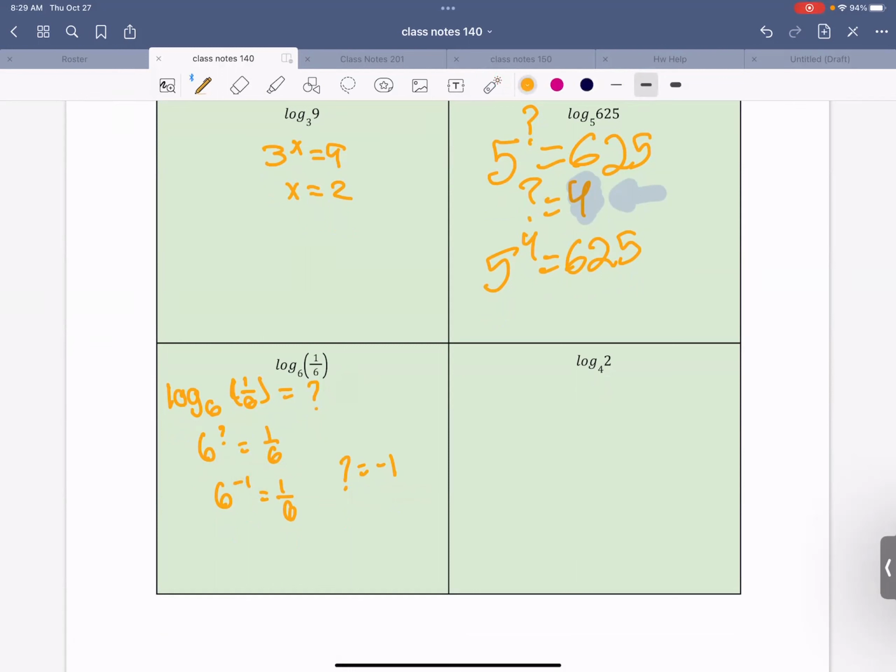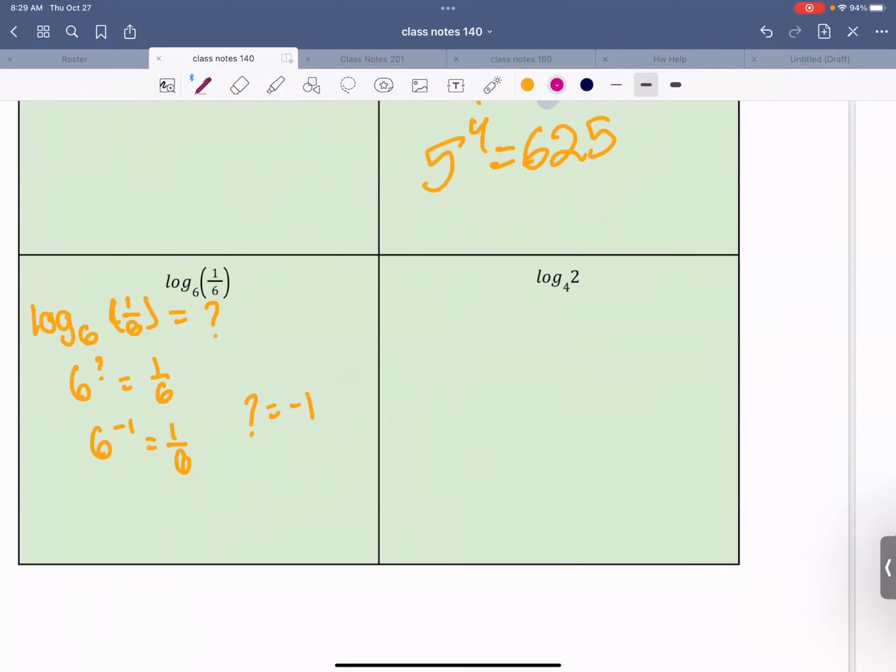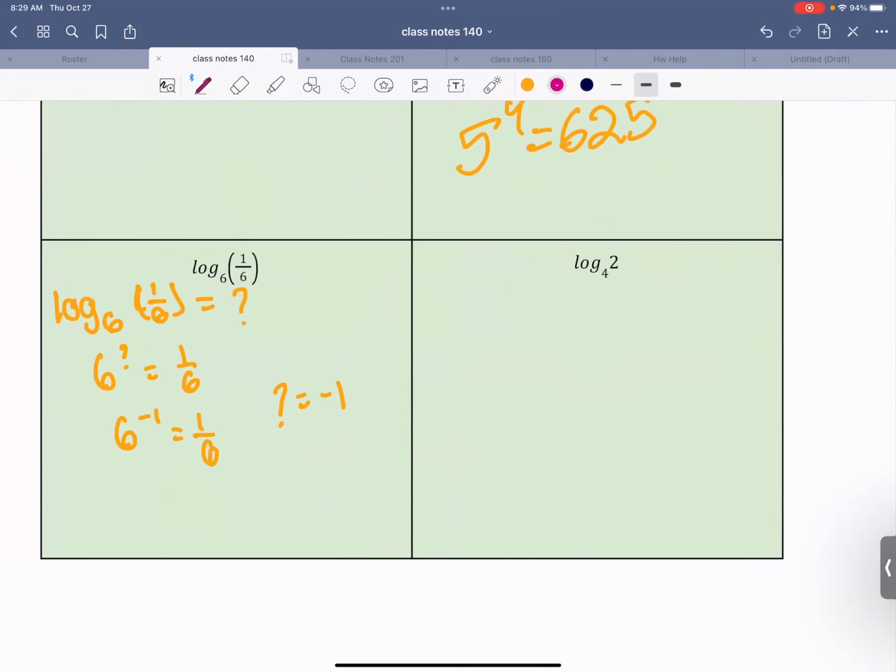All right. The last one was a little bit tricky. I didn't really tell you how to do this one yet, but I did want to make you think a little bit. So this one asked us to find log base 4 of 2. Same process of writing out this answer. We want to find what this equals. So another way of writing this is, well, 4 to the what power equals 2. Well, usually with exponentials, we get a little bit bigger, right?